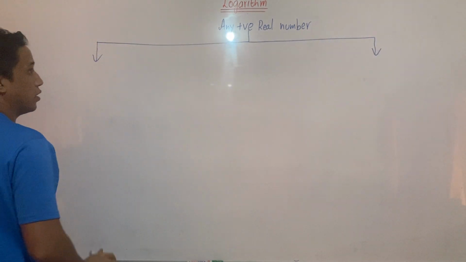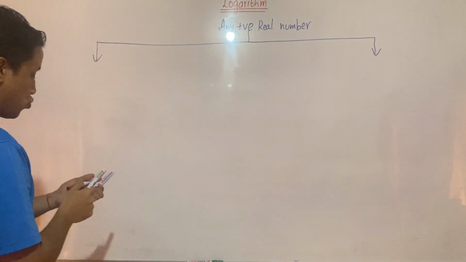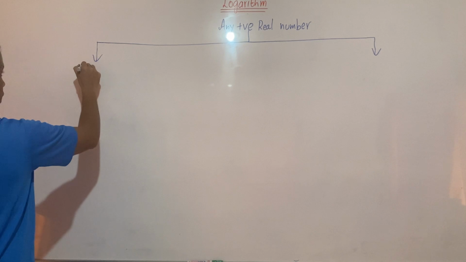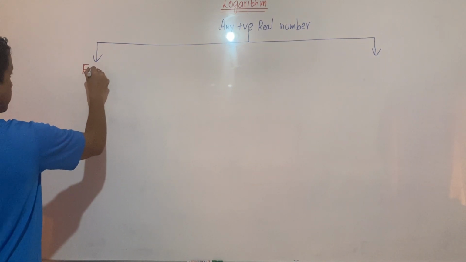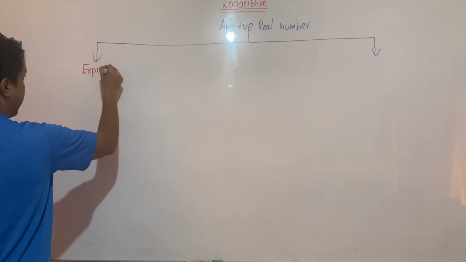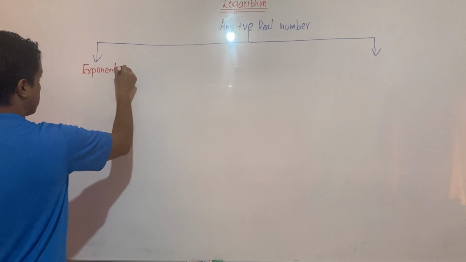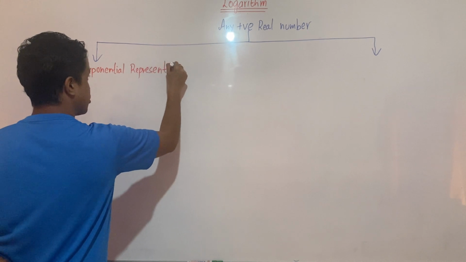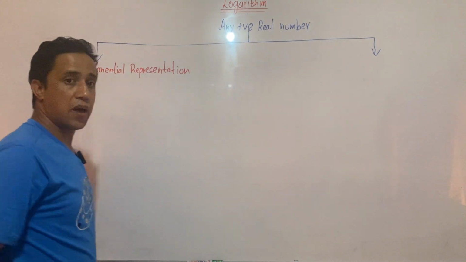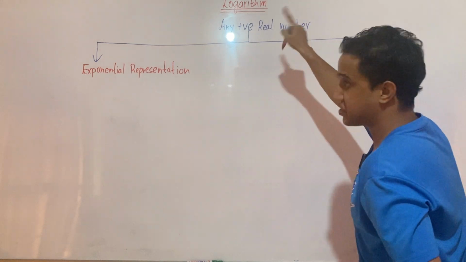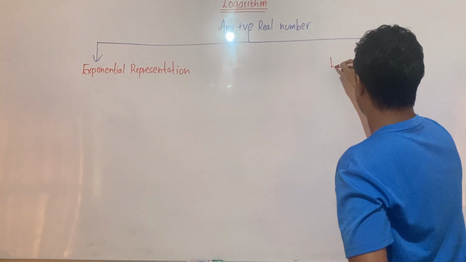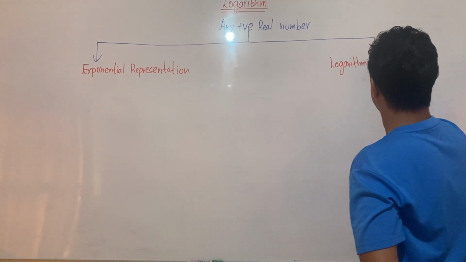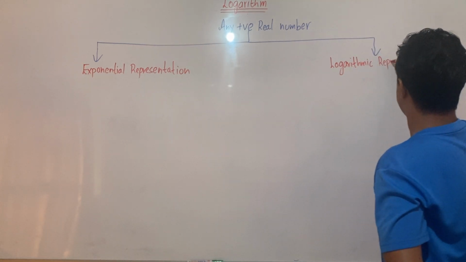The first way to represent any positive number is our exponential representation, and the other way to represent the same positive real number is logarithmic representation.